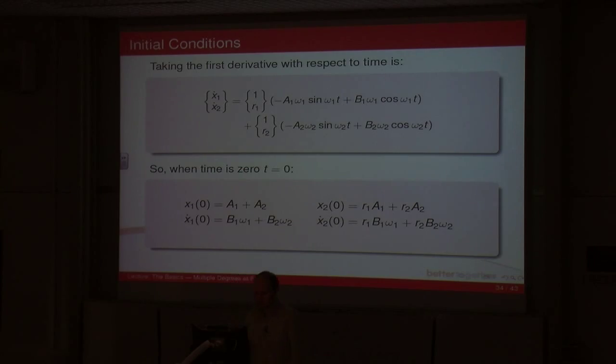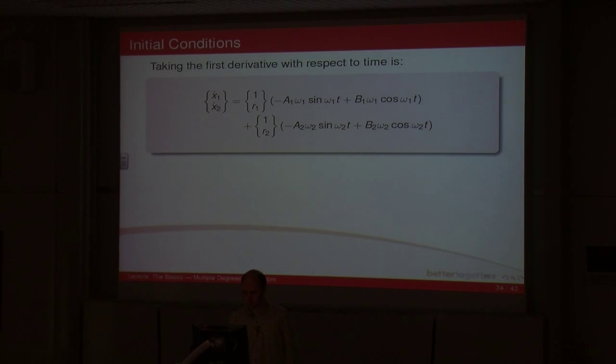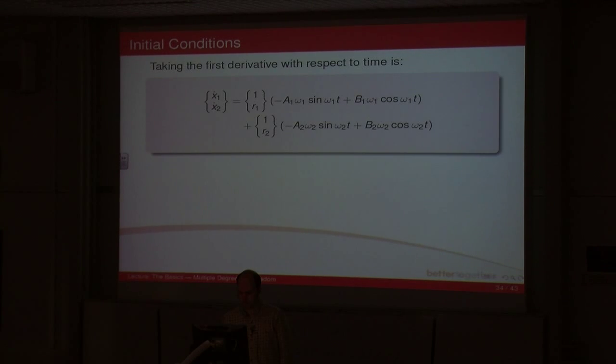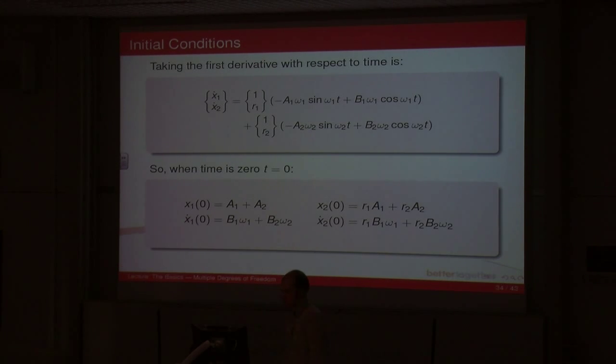And so when t is 0 you end up with a1 plus a2, because if we go back to this equation, that's 0 and that's 0, so you end up with a1 plus a2. That's for x1. For x2, you've got these modes multiplied by a1 plus a2.